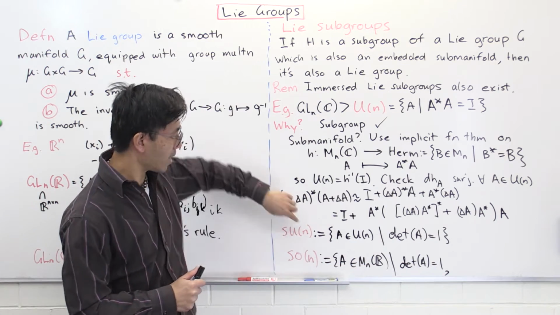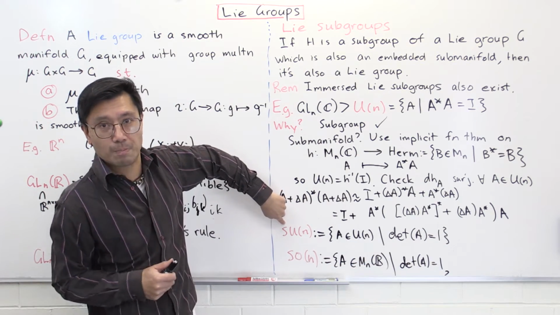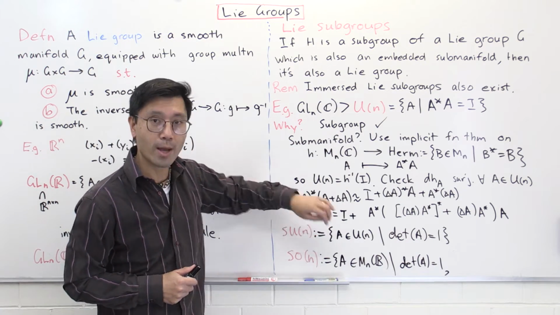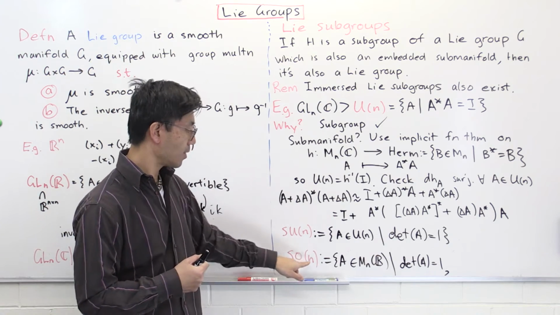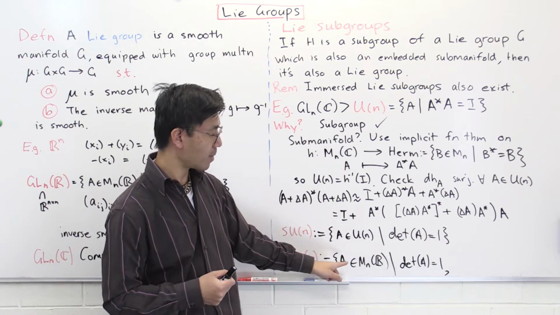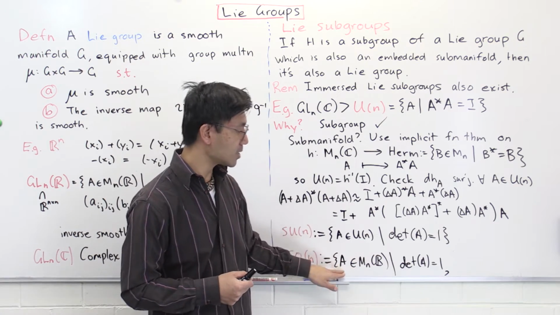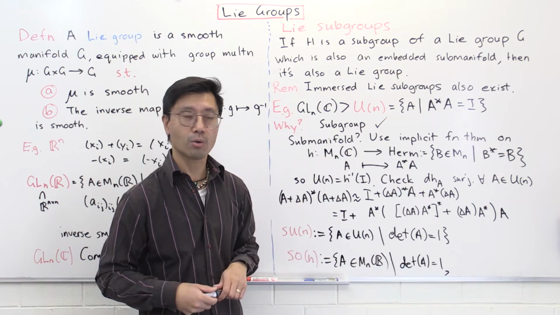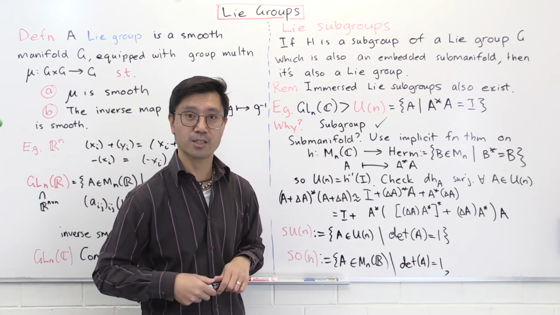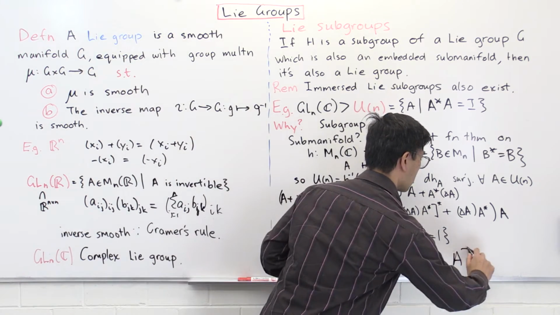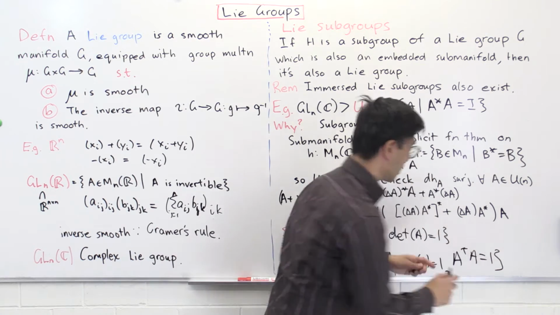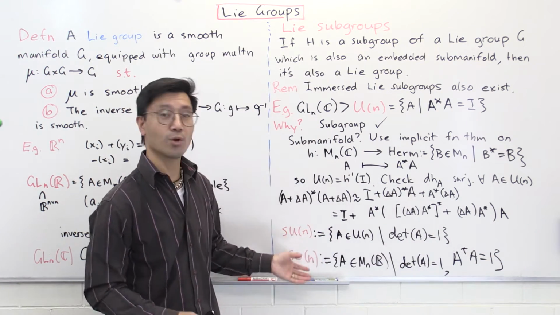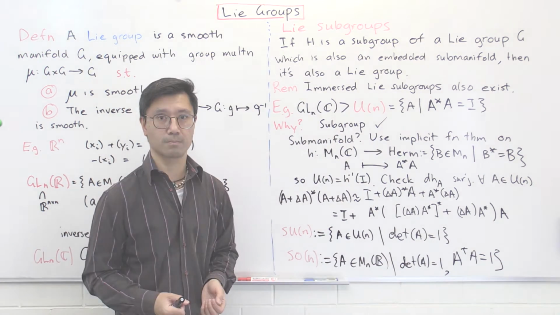The S here always stands for special, which means determinant 1. So instead of SU(n), you can look at SO(n), the special orthogonal group. The n refers to n by n, so that's the set of all n by n matrices A with determinant of A equal to 1 and orthogonal, which means that the inverse is its transpose, in other words A transpose A equals 1. That gives you another example of a Lie subgroup.